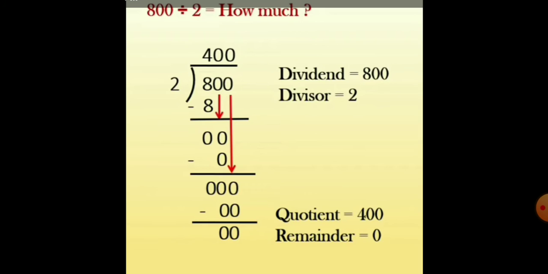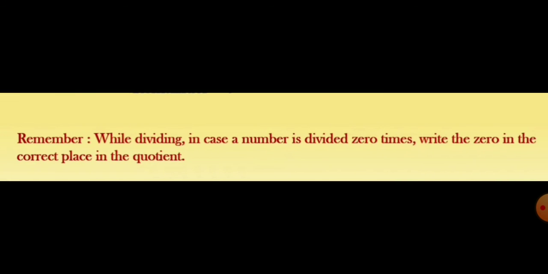Okay, so remember this, that while dividing, in case a number is divided 0 times, write the 0 in the correct place in the quotient. If I don't write the 0 in the quotient, the answer you are getting is wrong.